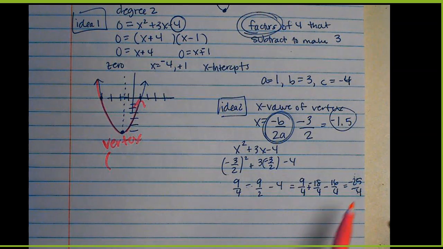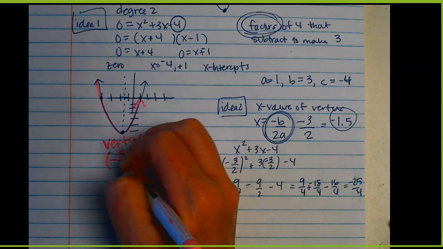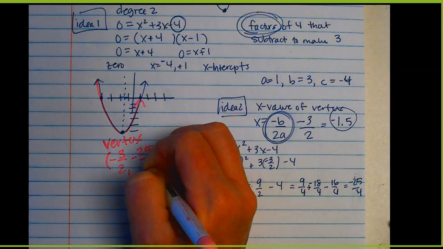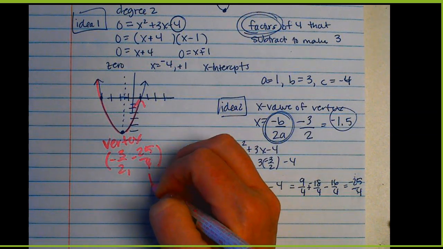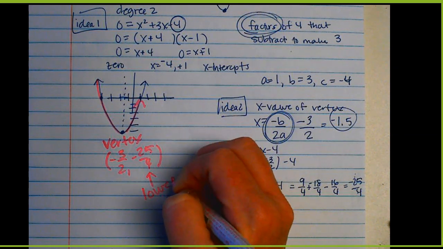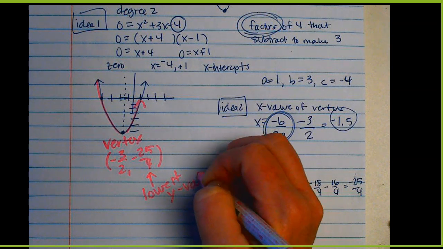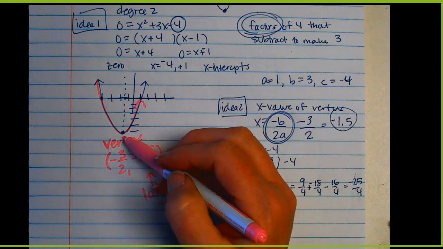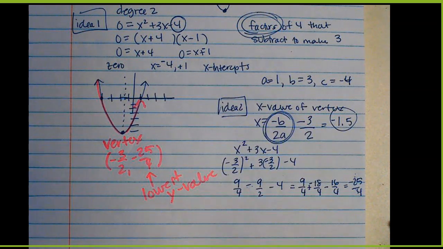What did I do with this? This is a point. It's called -3/2, -25/4. This is the lowest y value. The function goes down and then it turns around and goes up.